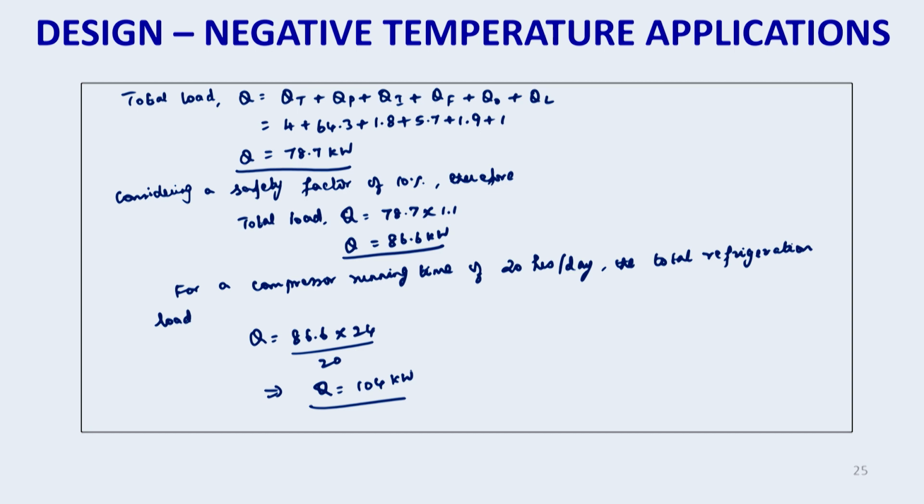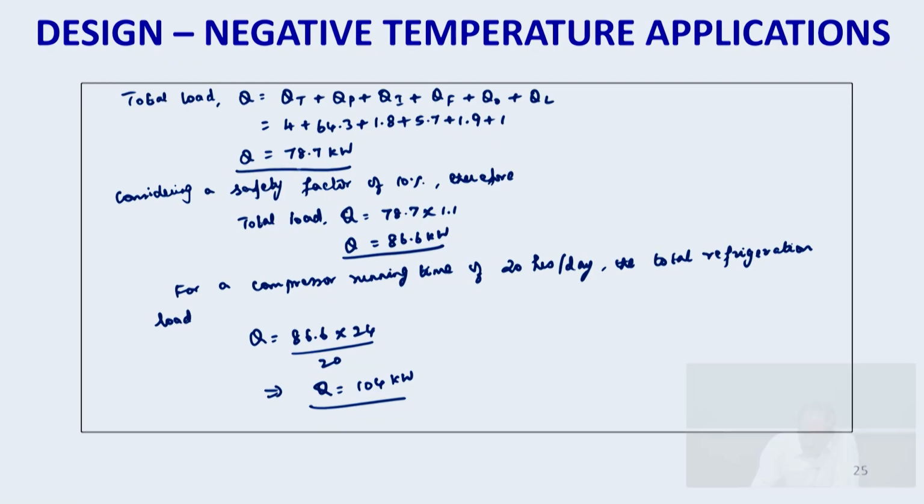This is the capacity. In all the design problems, whether it's a cold storage design for a positive temperature application or a negative temperature application, with or without pre-cooling, out of the 6 loads, that is the transmission load, product load, infiltration load, equipment load, occupancy load and lighting load, the product load contributes the major portion of the total refrigeration load.